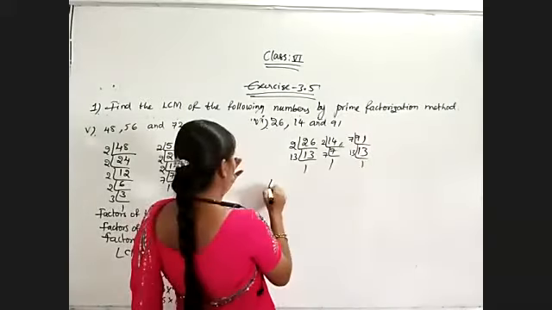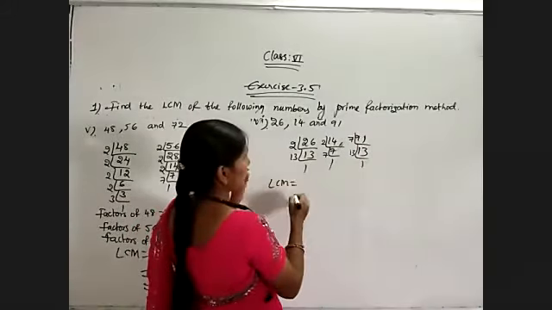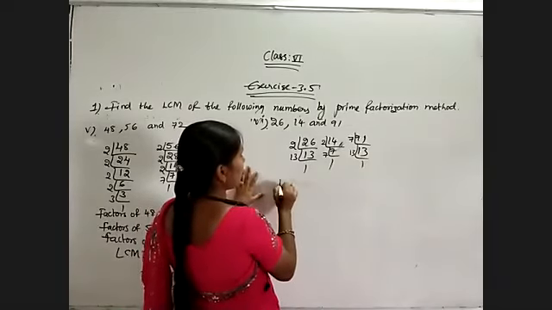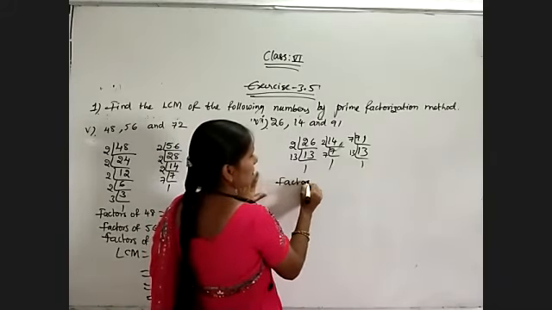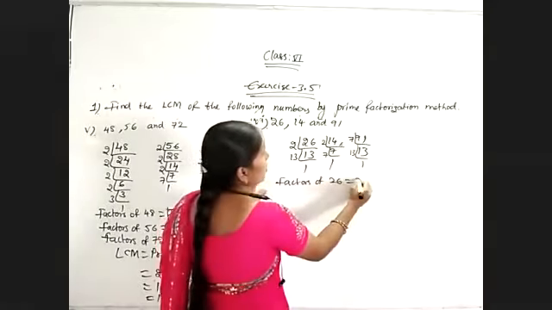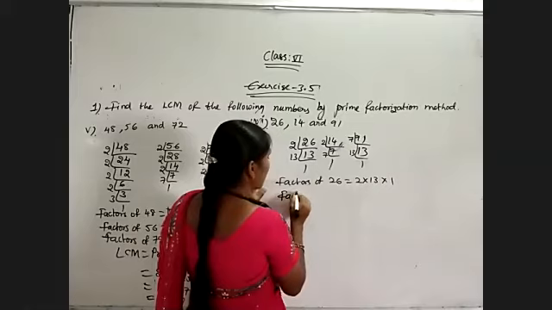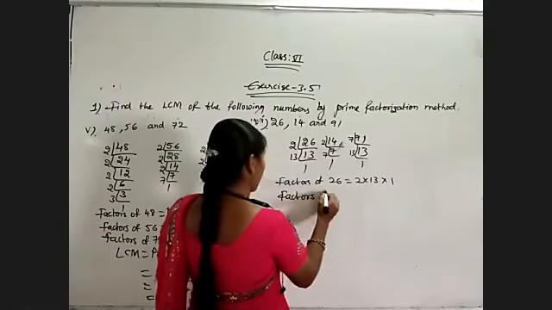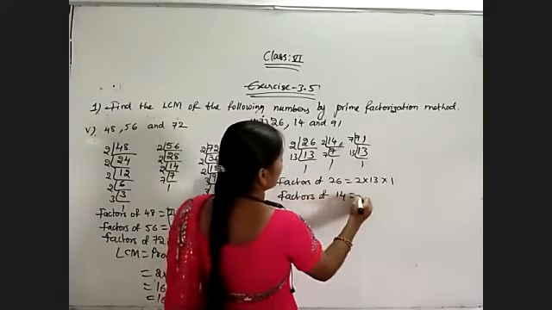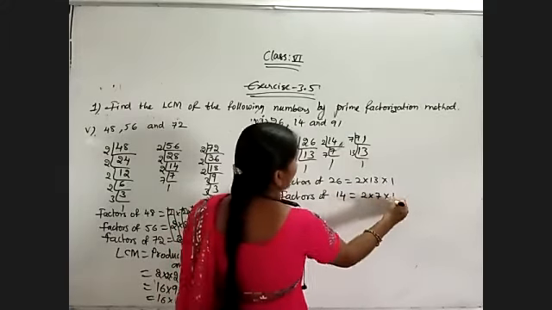Now write LCM is equal to, factors of 26 is equal to 2 into 13 into 1, and factors of 14 is equal to 2 into 7 into 1.